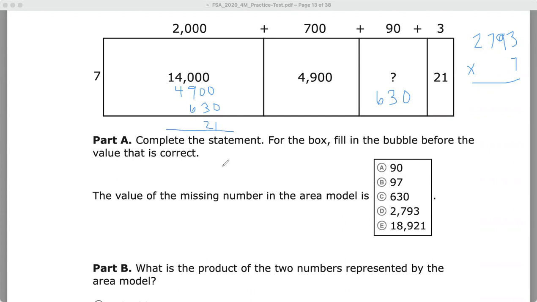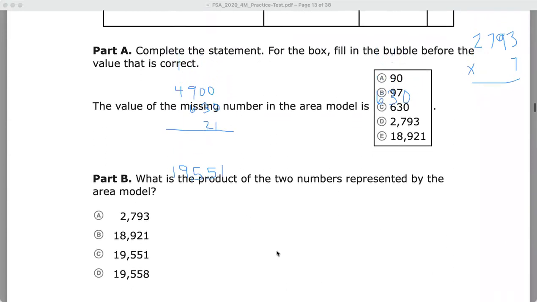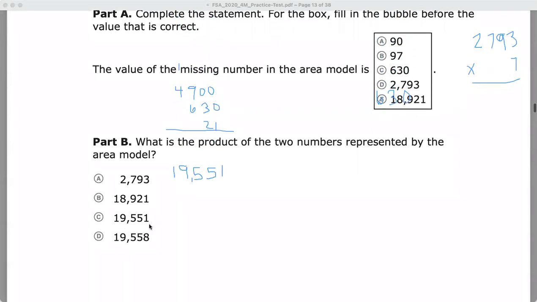If I add these up, I'm going to get 1 in the ones place, 5 in the tens place, 9 plus 6 is 15 in the hundreds place, carry the 1, 4 plus 4 plus 1 is 9 in the thousands place, and then 1 in the ten thousands place. So if we multiply this all together, you would get 19,551, which is answer choice C.